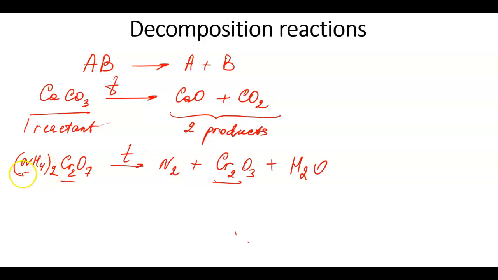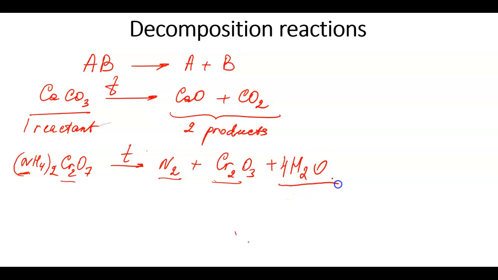So two nitrogens right here and two nitrogen atoms here. Eight hydrogens, and only two hydrogens are on the right side. I'm sorry. So we need to put coefficient 4 to make the amount equal, right?